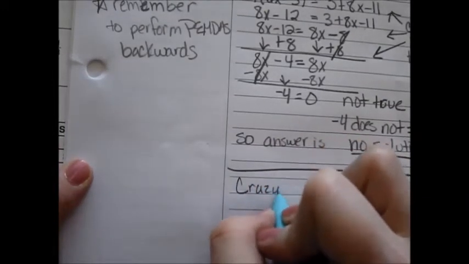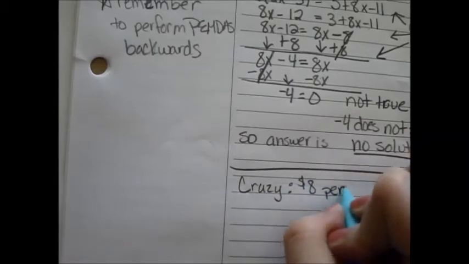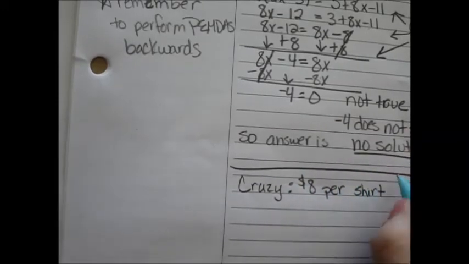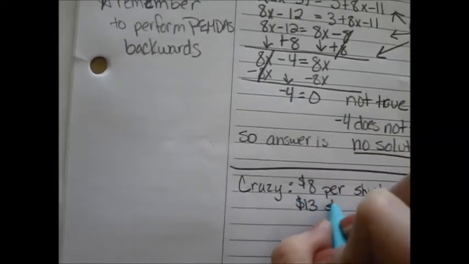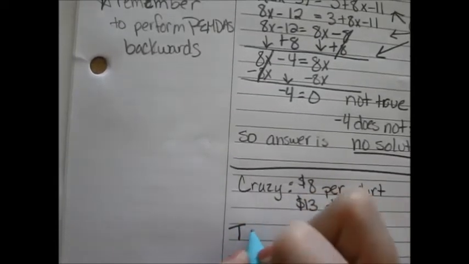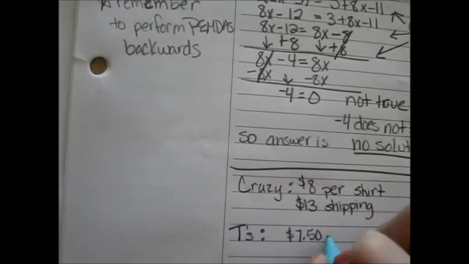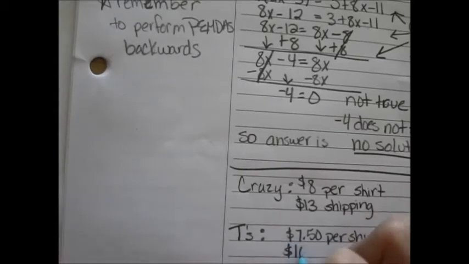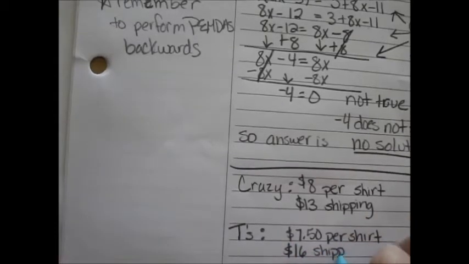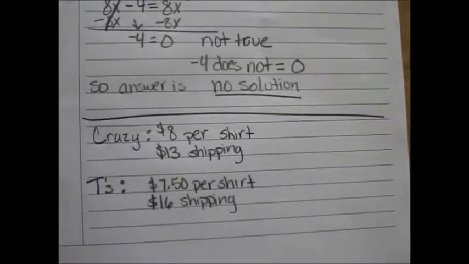All right, so first thing is we need to organize our information. I have Crazy Shirt Store. It's $8 per shirt and $13 for shipping. And then for T's for All, it's $7.50 per shirt and $16 for shipping. So if I write those as expressions, I'll get 8s plus 13 for the Crazy Shirt Store.